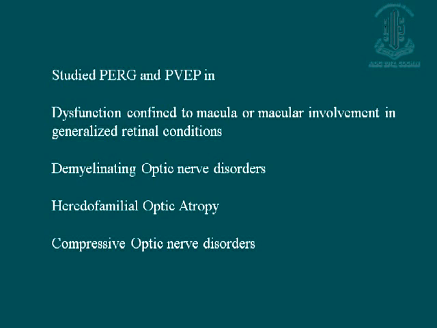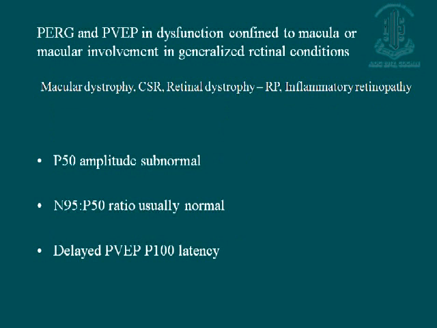The first condition is primarily retinal pathologies. You have conditions either affecting only the macula, or there is a macular involvement in a condition which affects a generalized retina. You don't have optic nerve pathologies. And it has also studied both these tests in other, predominantly optic nerve conditions, especially demyelinating optic neuritis, ischemic optic atrophies, and compressive disorders. Interesting to look at the findings.